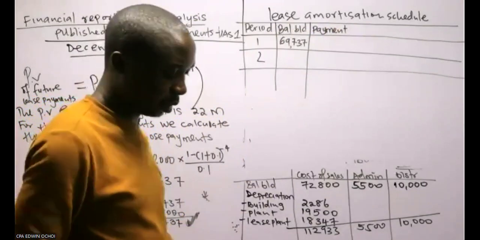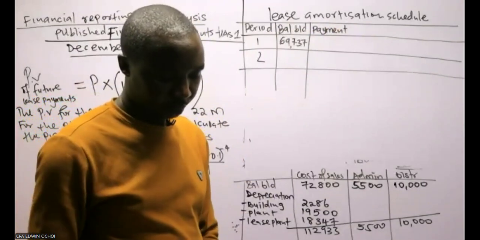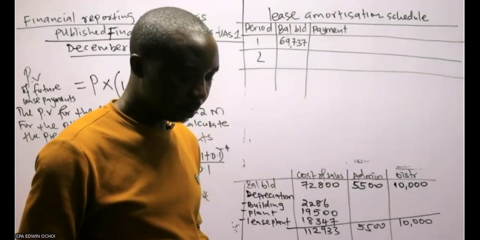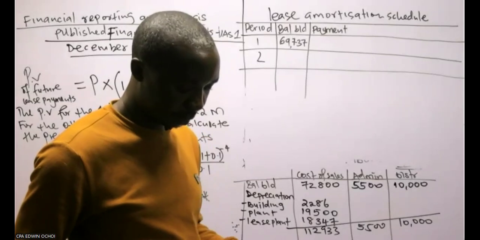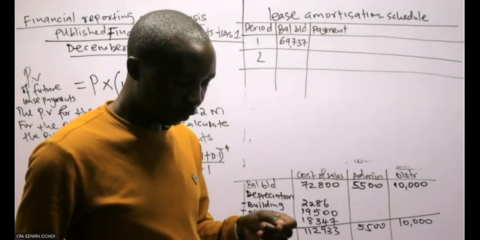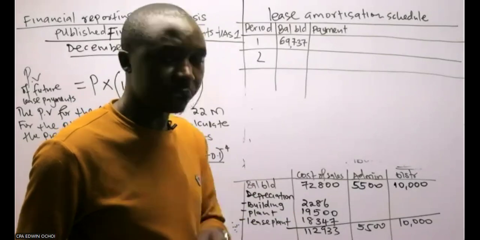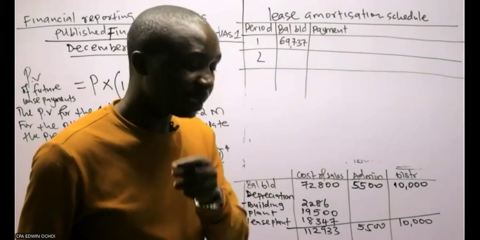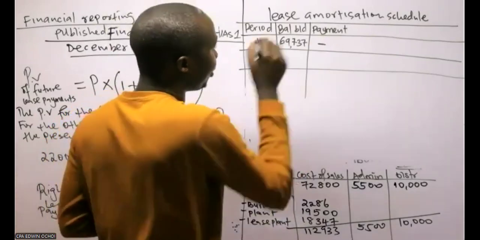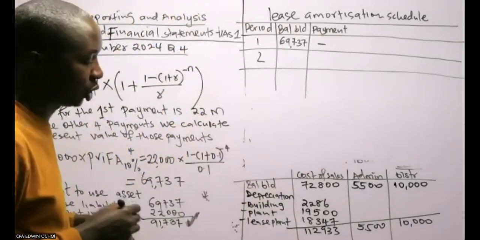There's something we said in our notes: since the lease payments are made in advance, we need to adjust the payment schedule to reflect this. This means payment on 1st November 2003 will not accrue interest and will be treated as a separate initial payment. That is why we'll have a dash.